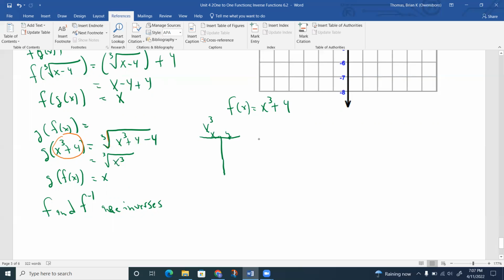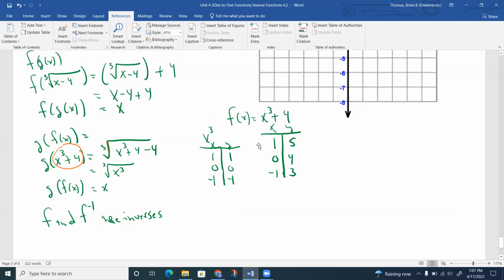Remember, if we put 1 in, we get 1. If we put 0 in, we get 0. If we put -1, we end up with -1. So to graph x cubed plus 4, we recognize that this is a vertical shift. So the y values are shifted up 4. So (1, 5), (0, 4), and (-1, 3) would be the ordered pairs.